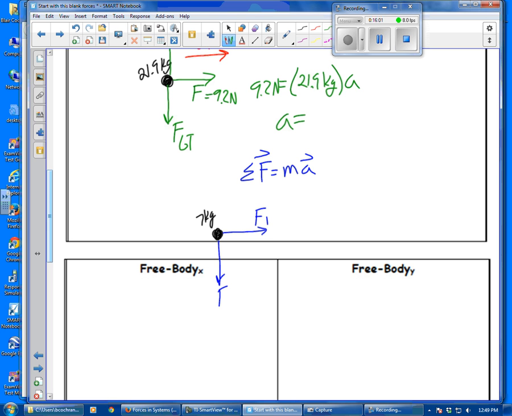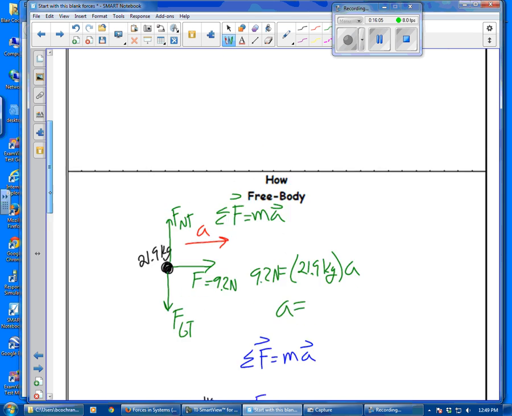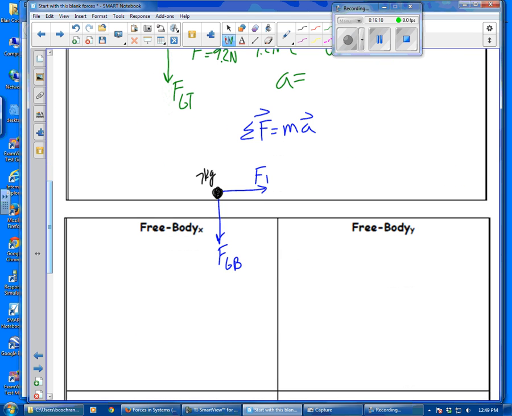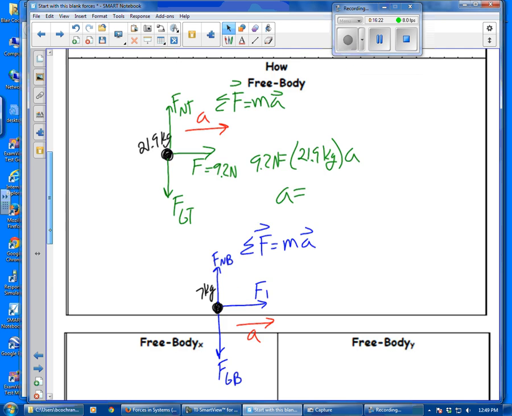It's got FGB, force normal B, and it's accelerating in that direction. That's right, isn't it?